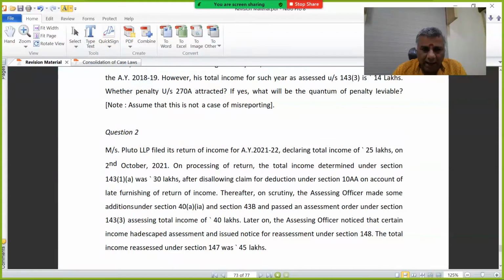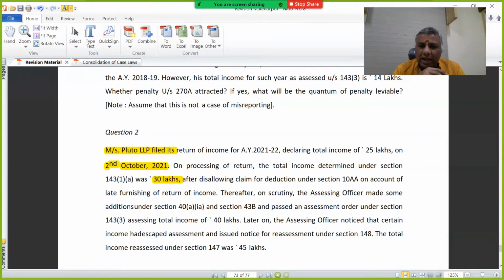Okay, now the LLP question. Messrs. Pluto LLP filed its return declaring a total income of 25 lakhs on 2nd October 21. On processing of return, the total income determined under section 143(1) is 30 lakhs, after disallowing the claim for deduction under section 10AA on account of late furnishing of return.